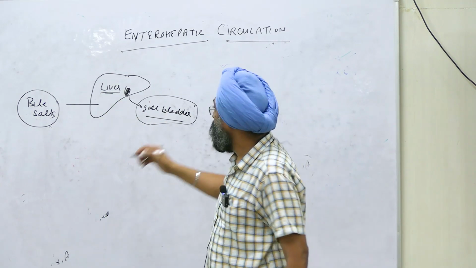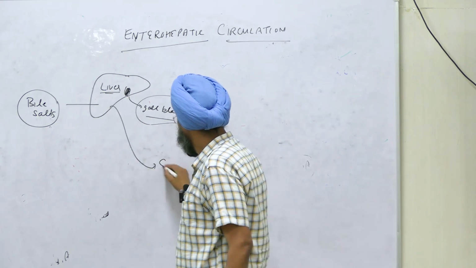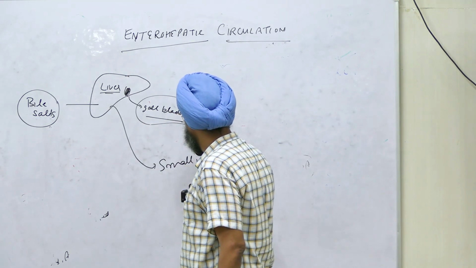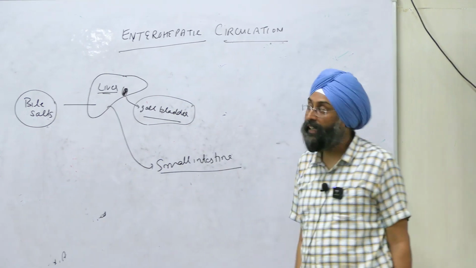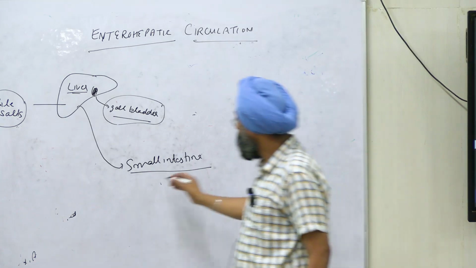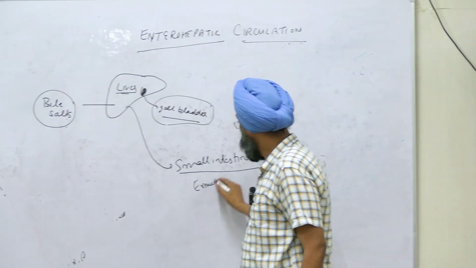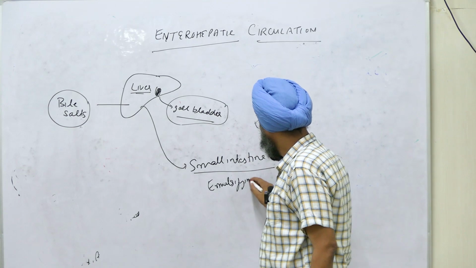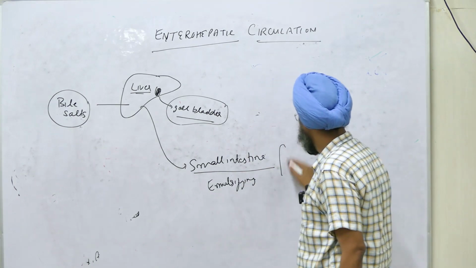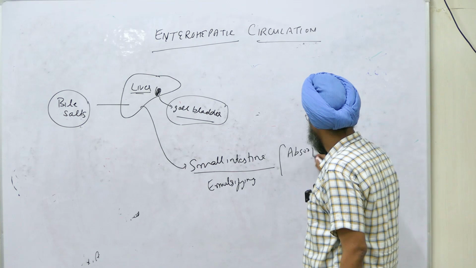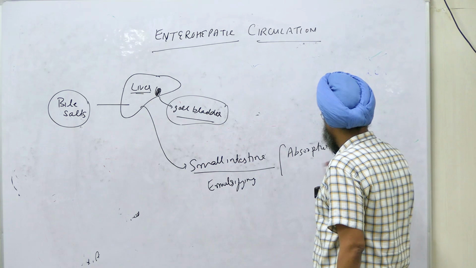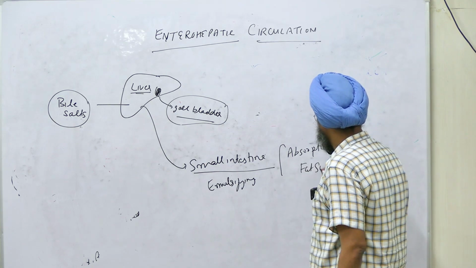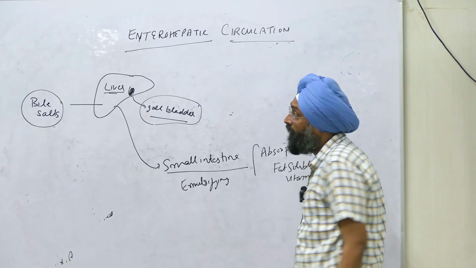From there they are secreted to the small intestine, right? And here they act as emulsifying agents and also help in absorption of fats and fat soluble vitamins, right?